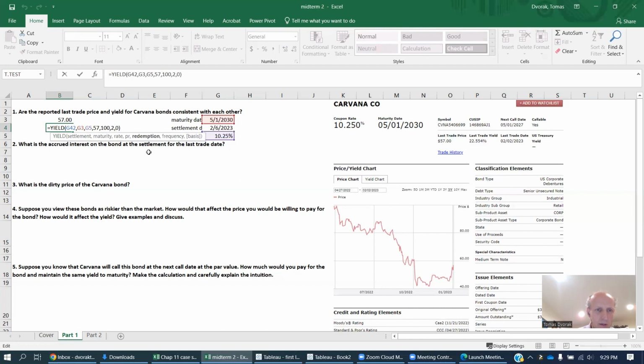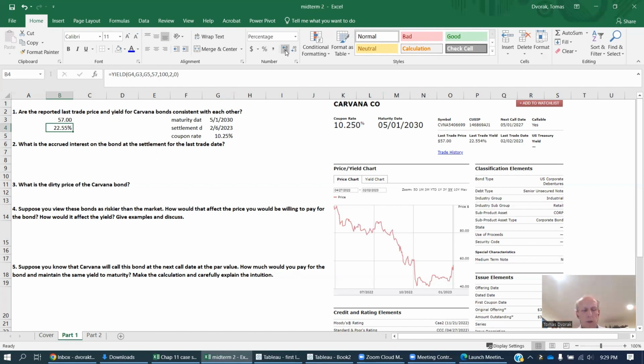Frequency 2, redemption 100. Price is 57. The rate is G5. That's okay. Maturity is G3. It's not G42. It's G4 is the settlement date. Okay, and making that a percentage, adding some decimal places gives us 22.55%. So they are consistent with each other.